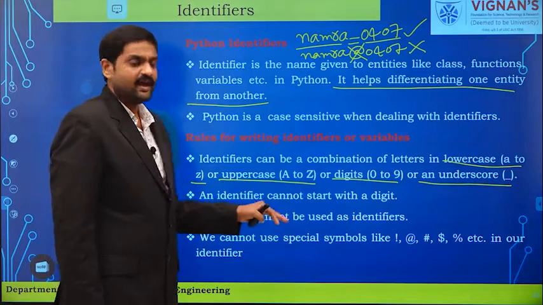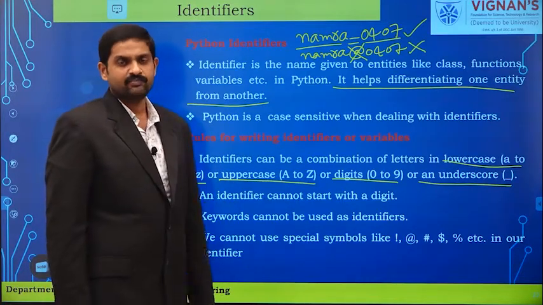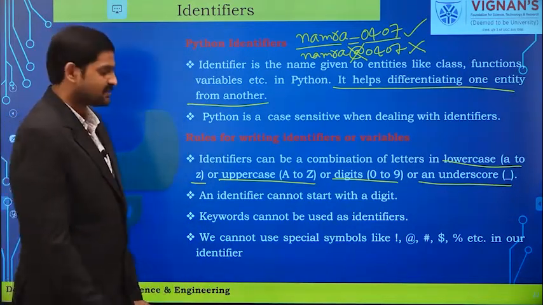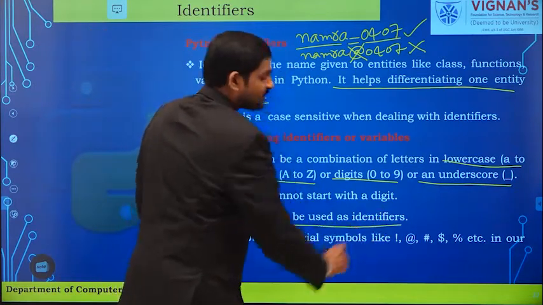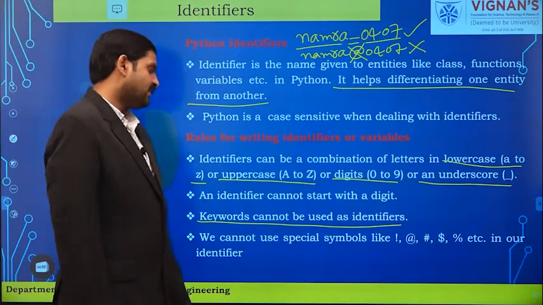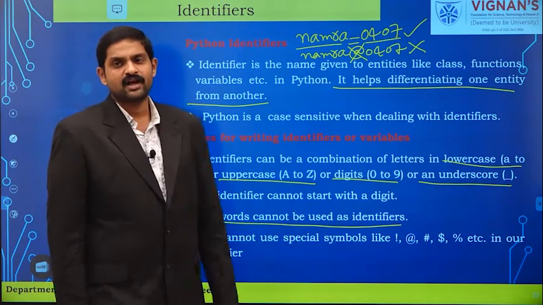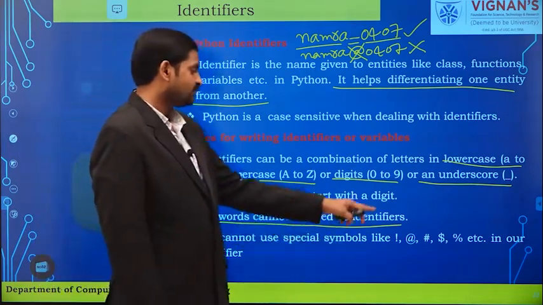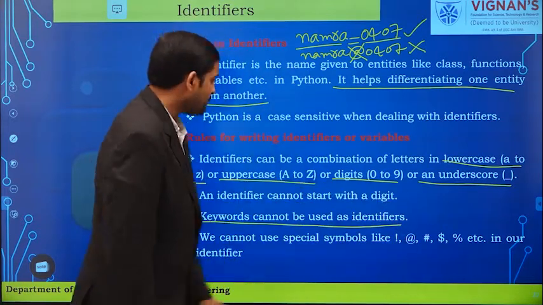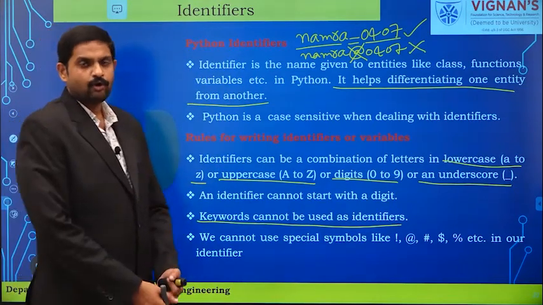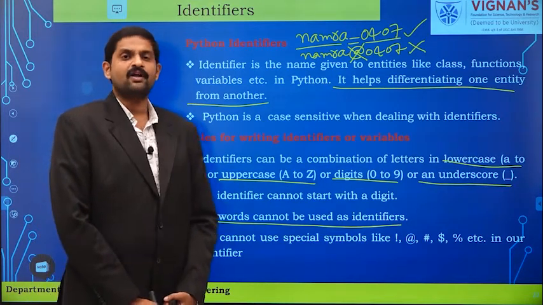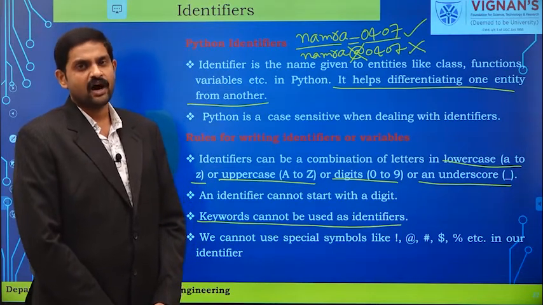And an identifier cannot start with a digit. It should not start with a digit, and keywords cannot be used as identifiers. Keywords are nothing but reserved words. Those reserved words cannot be used as identifiers, and we cannot use special symbols like @, hash, dollar, %, exclamation mark, etc. I hope you all understood about identifiers. An identifier should be a combination of uppercase, lowercase, digits or underscore.